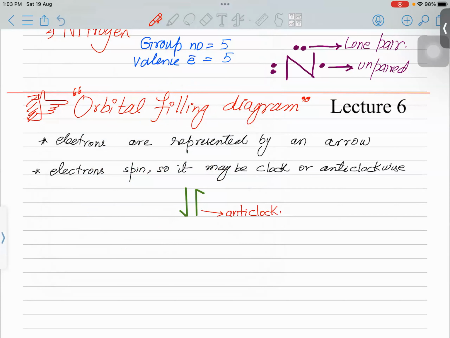And this is clockwise. This is clockwise spin. Clockwise spin, anti-clockwise spin.